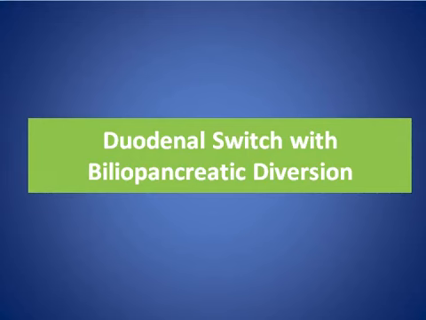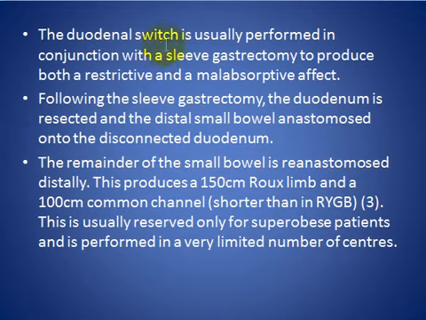Duodenal switch with biliopancreatic diversion. The duodenal switch is usually performed in conjunction with the sleeve gastrectomy to produce both restrictive and malabsorptive effects. Following the sleeve gastrectomy, the duodenum is resected and the distal small bowel is anastomosed to the disconnected duodenum. The remainder of the small bowel is re-anastomosed distally.